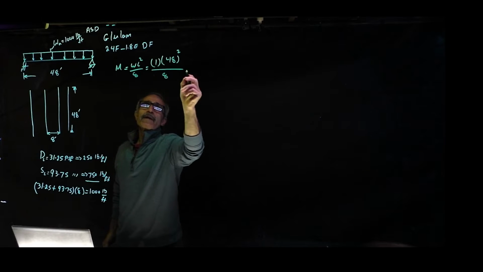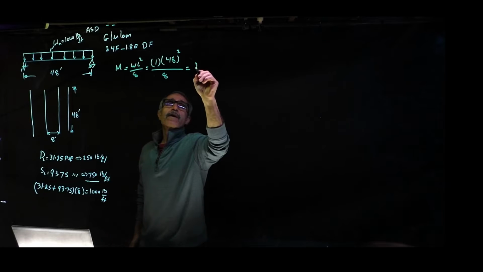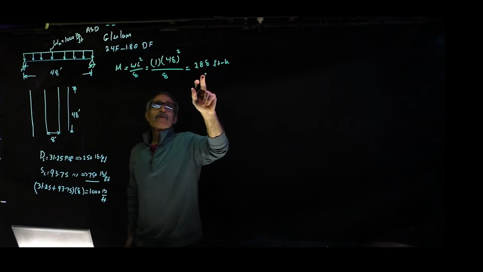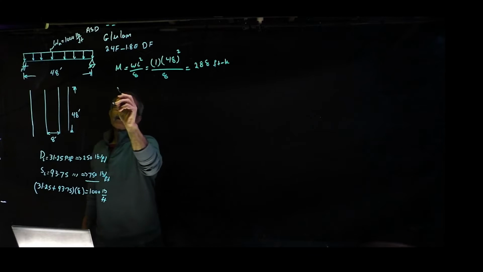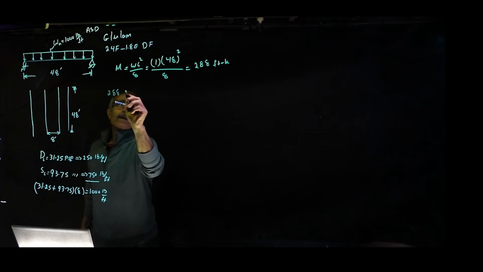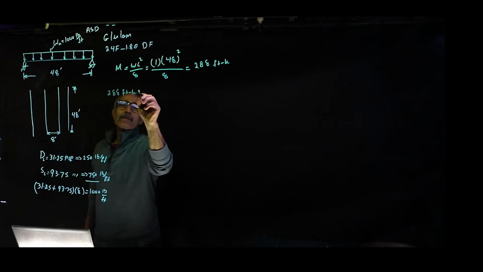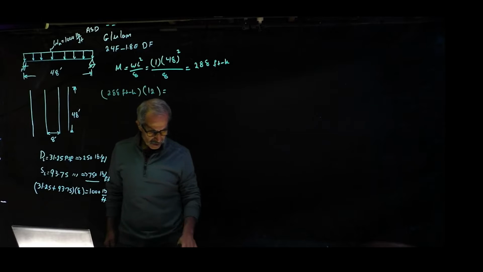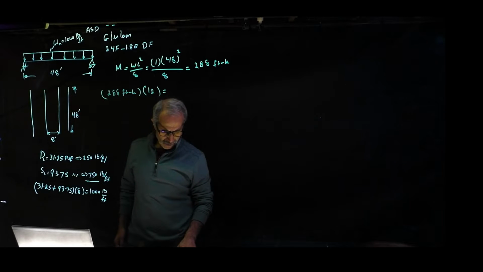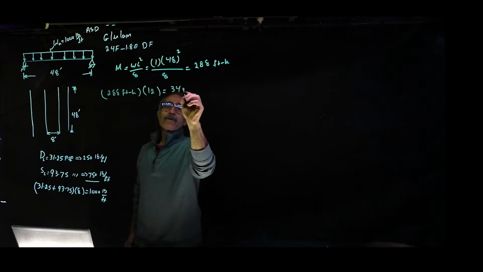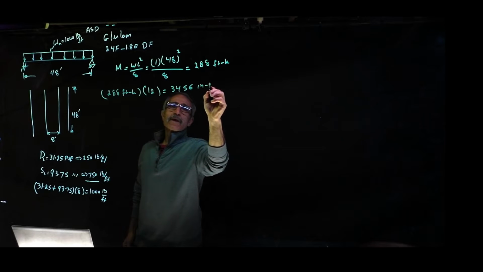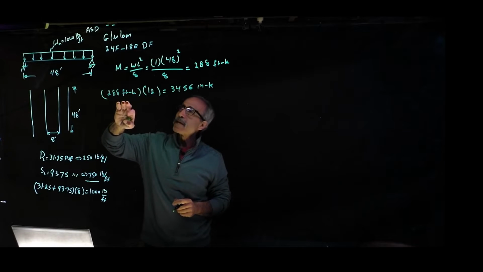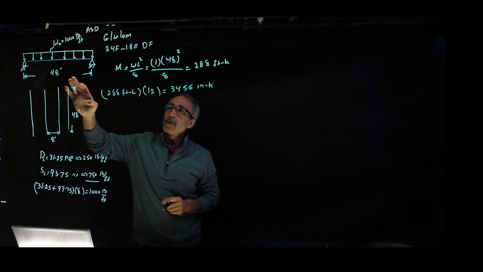Divide that by 8, that should give me 288 foot-kip. Times 12 gives me inch-kip, and that should give me about 3456 inch-kip. Now remember, this is a maximum moment due to the loading.